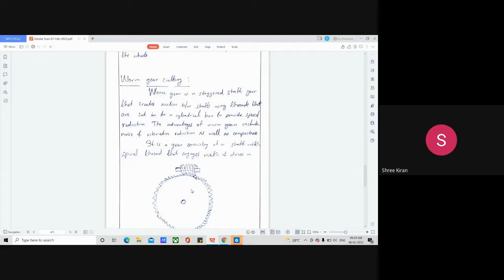That's what we say. Mainly cut into a bar to provide the speed reduction.